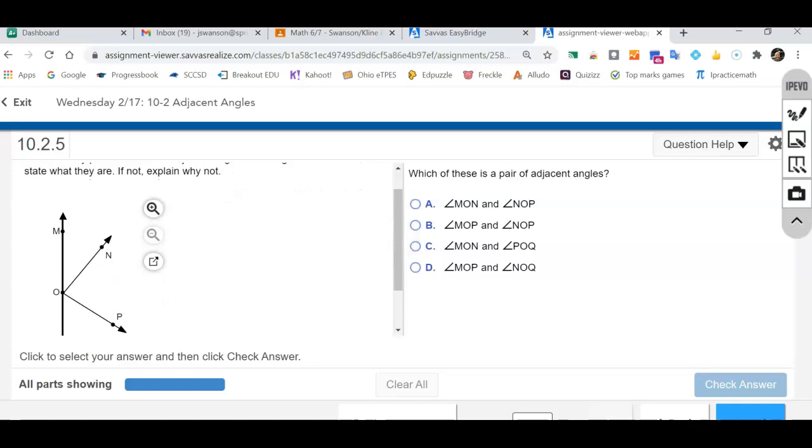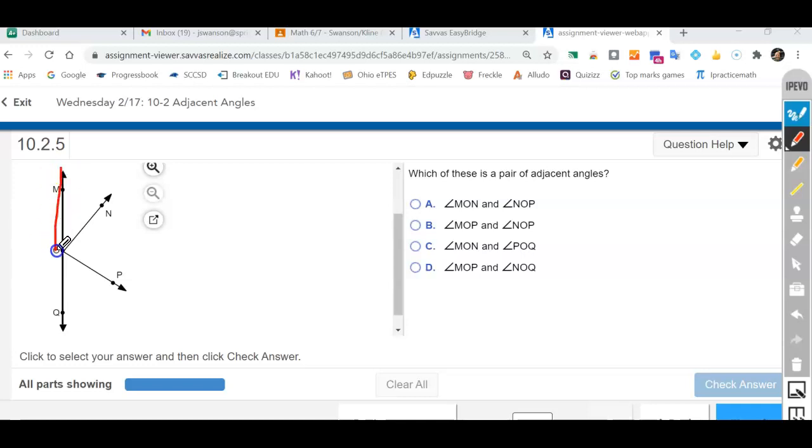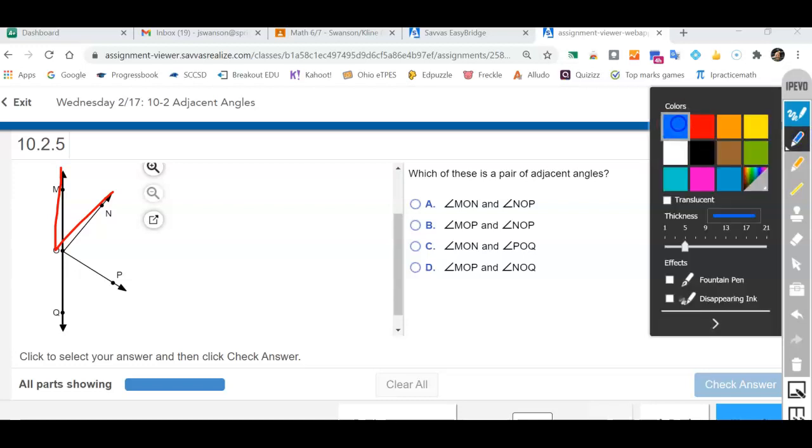Okie dokie. Let's look at this one. MON and NOP. Are they adjacent? Yes, they are. What about MOP and NOP? Are they adjacent?